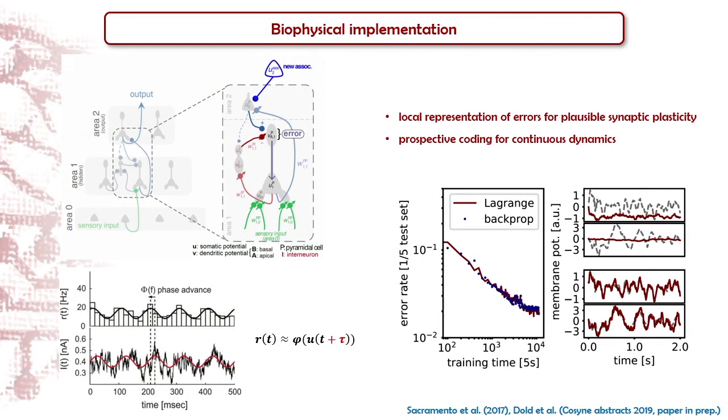So the neurons are able to undo the low-pass filter that they have to perform on their own inputs. So this Lagrange formalism performs just as well as backprop, and if you also add recurrent connections to the network, you can also learn temporal patterns.